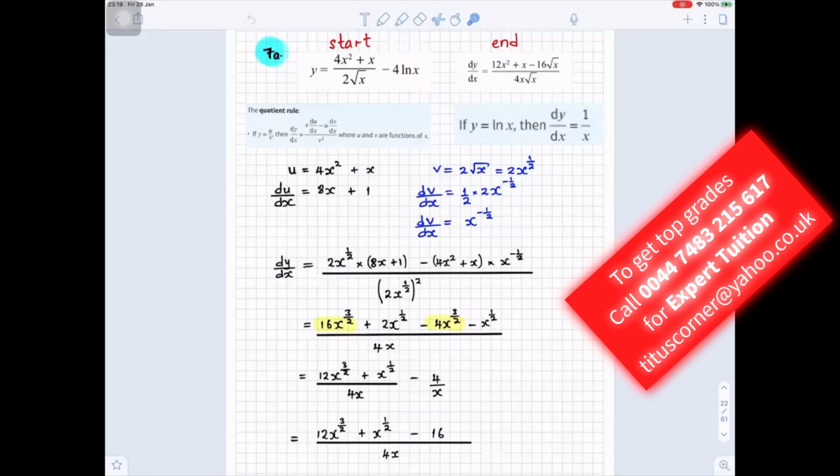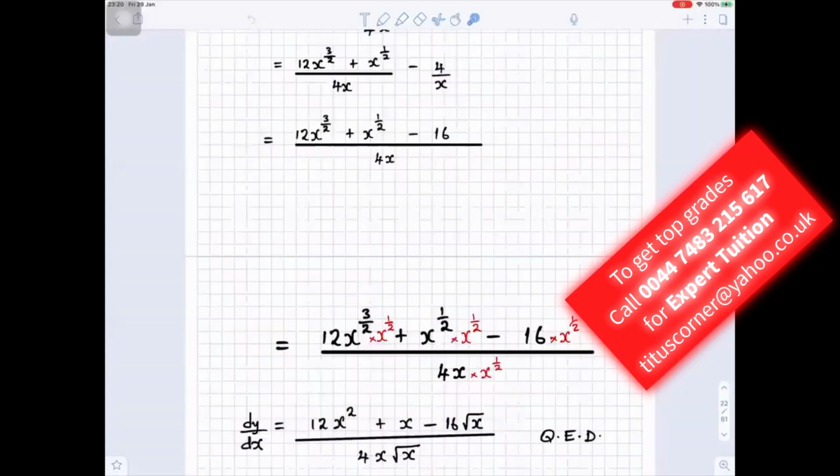Now you can put these two fractions together as one. With the common denominator of 4x, you get 12x to the power 3 over 2 plus x to the 1 over 2 minus 16 over 4x.